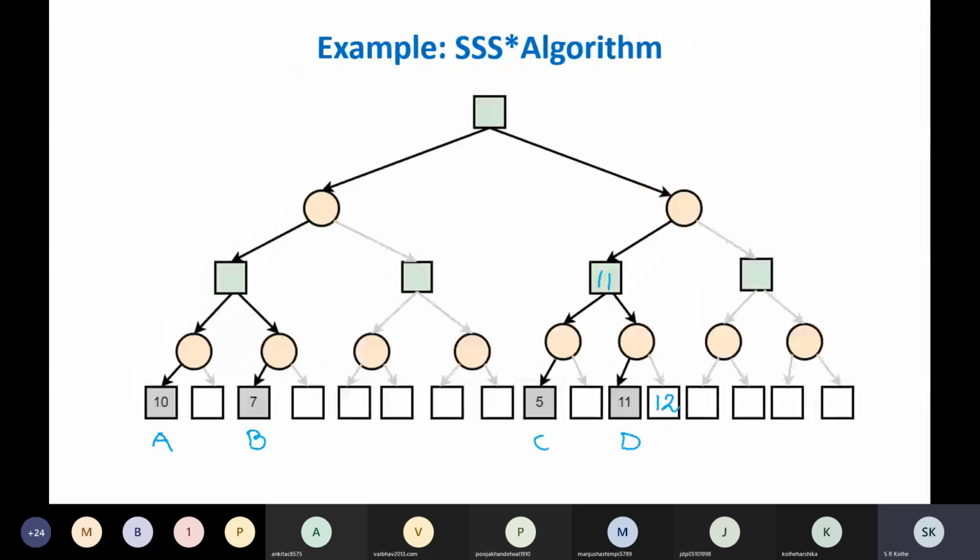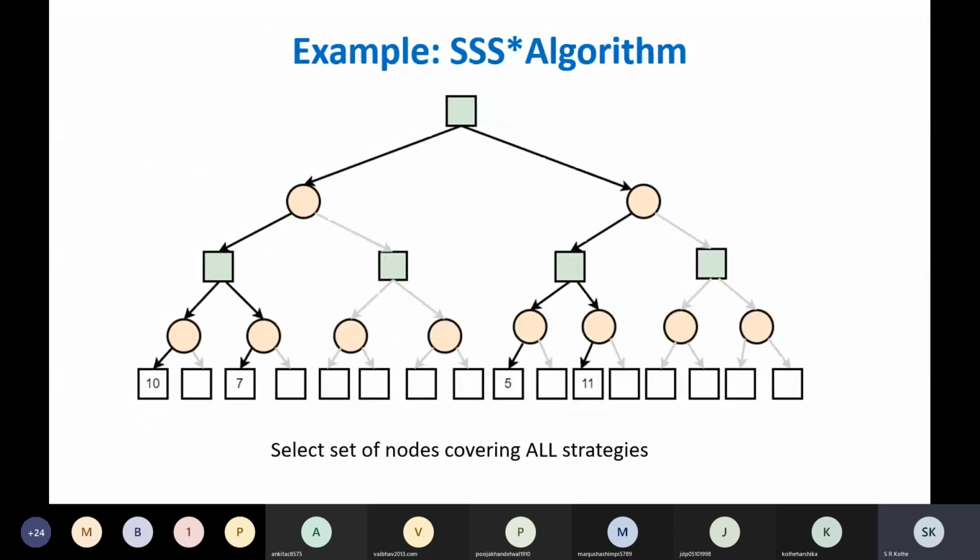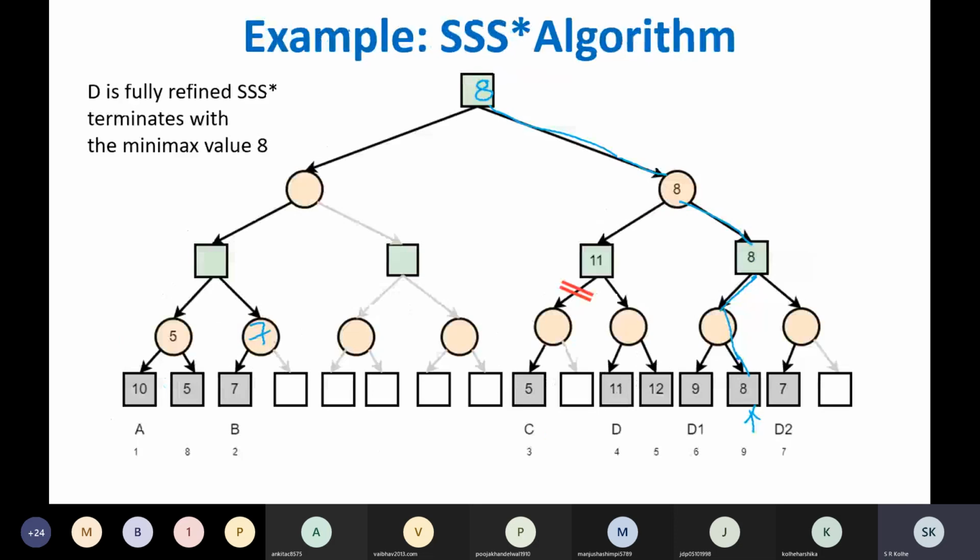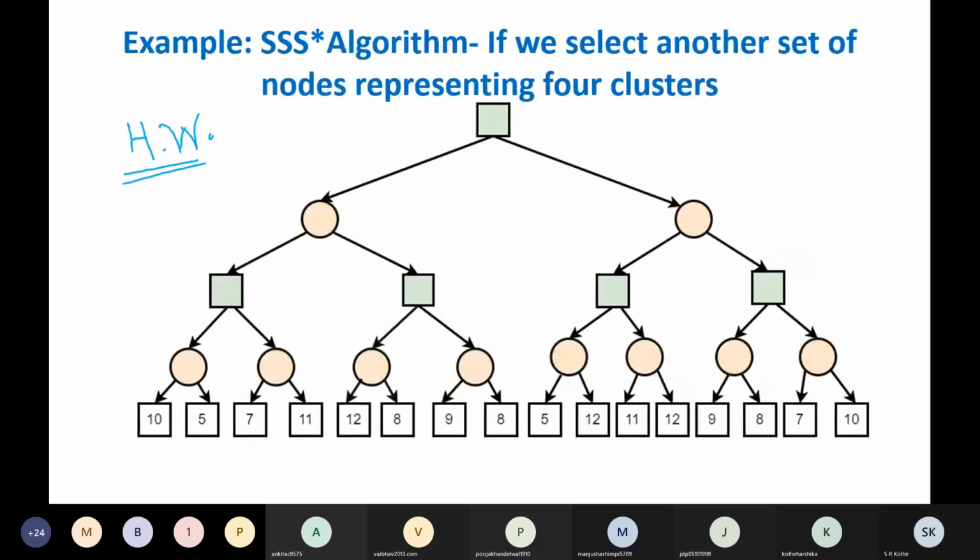The representative nodes selected were 10, 7, 5 and 11. So instead of selecting these 4, you can select other 4 also. What are those 4? Tell me. 5, 11.